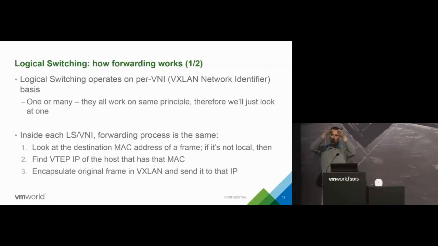So vCenter server makes that MAC address known to the host. The switch component on the ESXi host has a list of MAC addresses which are local to that host, and if it sees a MAC address as the destination of an Ethernet frame, it knows whether it's local, or if it can't find it, it's not local.